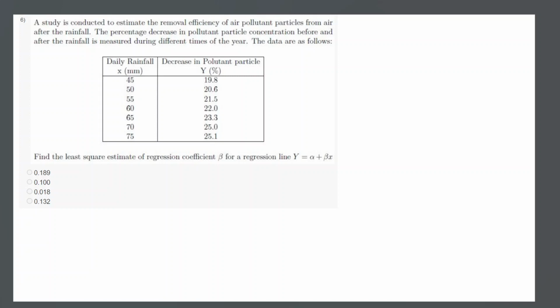The percentage decrease in pollutant particle concentration before and after rainfall is measured during different times of the year. The data are as follows. So with respect to rainfall, they have estimated the decrease in pollutant particles in terms of percentage.